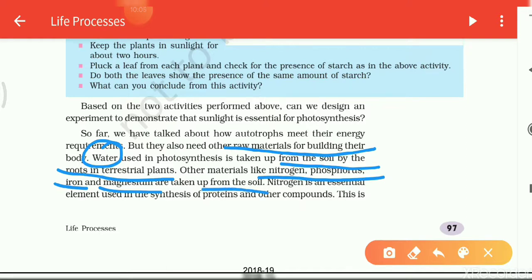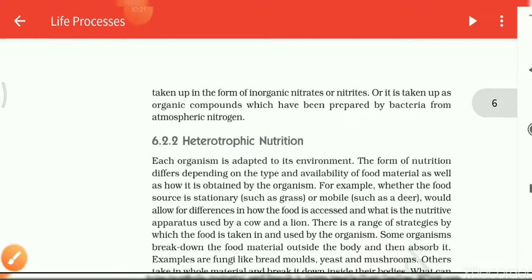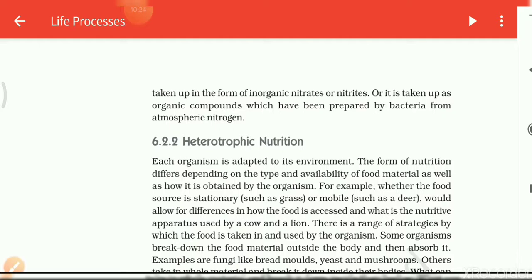Nitrogen is essential. You know, students, nitrogen is very important for the plant to make protein. Synthesis means make: making of protein and other compounds. This is taken up in the form of inorganic nitrates or nitrites.